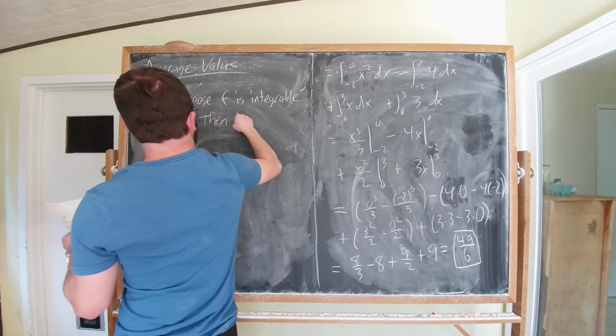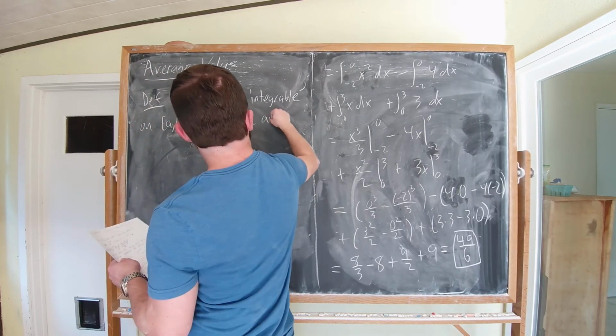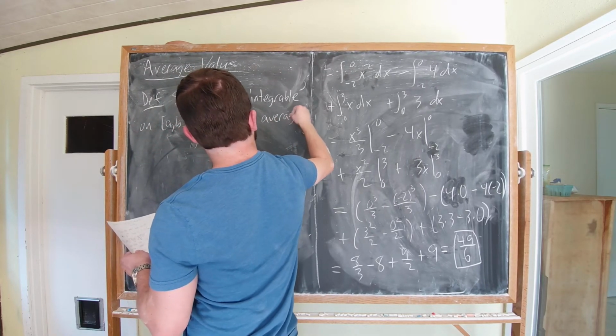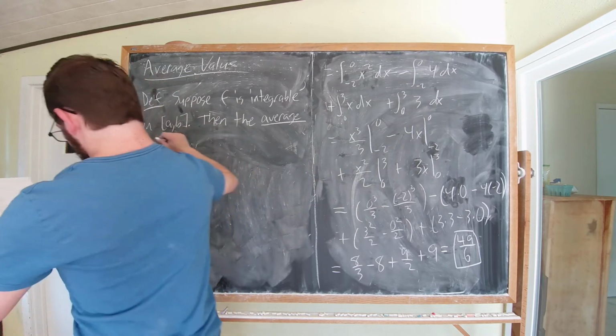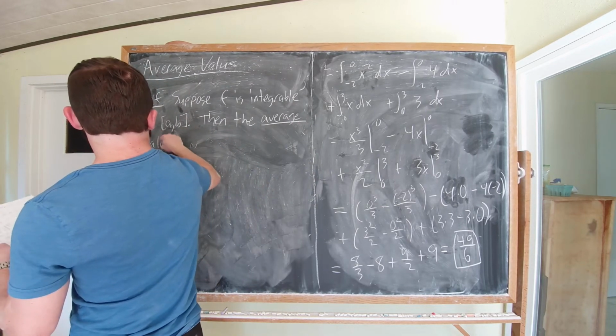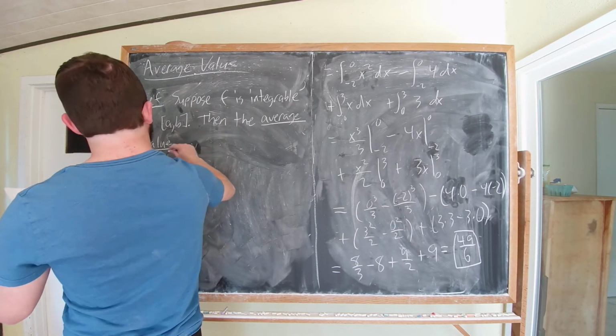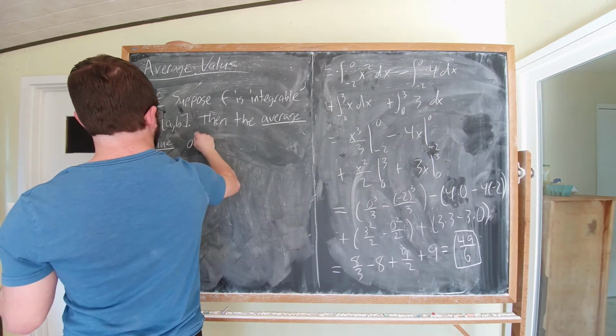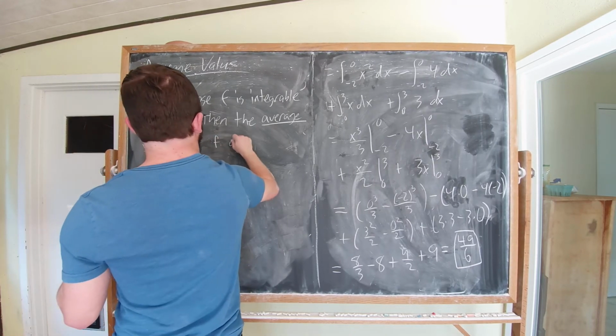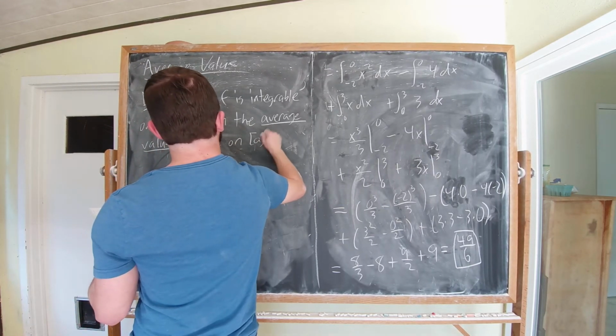Then the average value of the function on a to b, or your book might say over a to b, same thing.